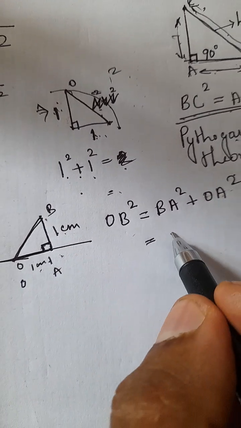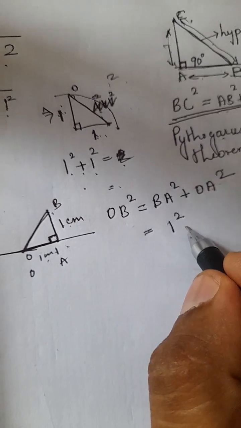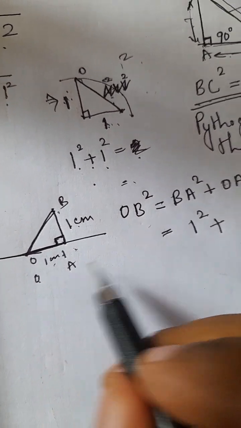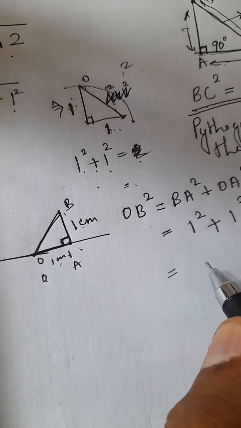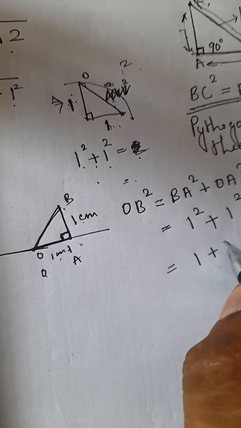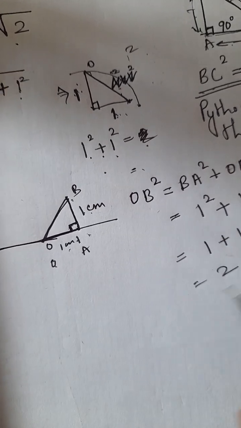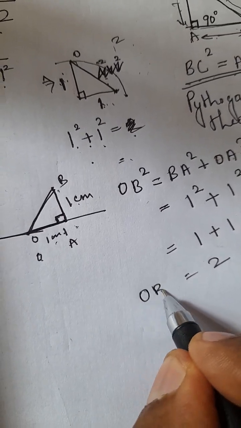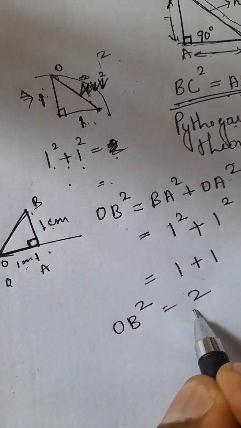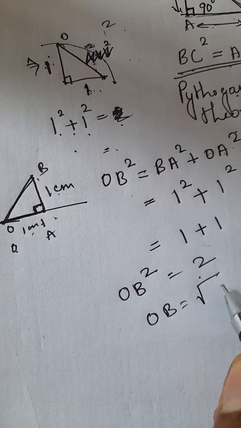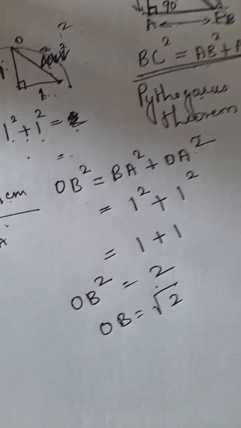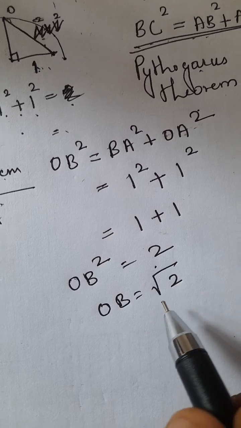BA is 1 centimeter, plus OA square, which is also 1 unit, 1 centimeter. So this equals 1 plus 1, which equals 2. So OB square is equal to 2, and OB is equal to the square root of 2. Right? OB is equal to the square root of 2.